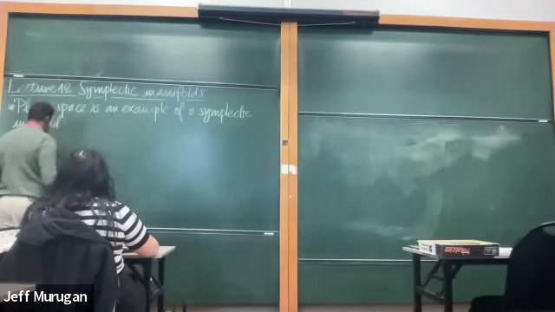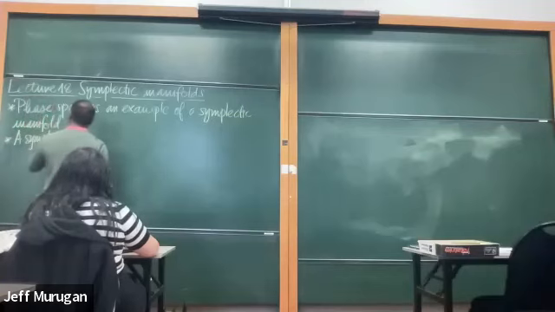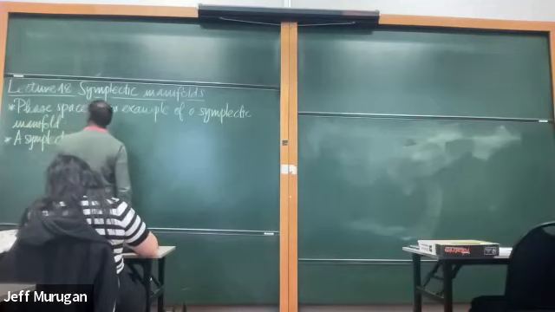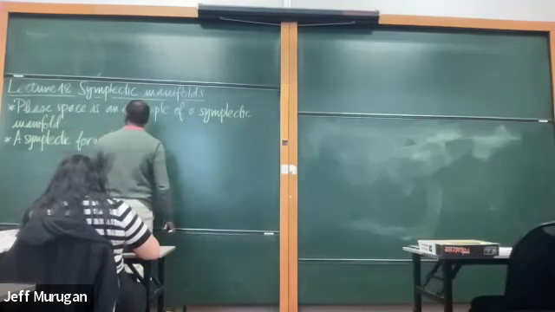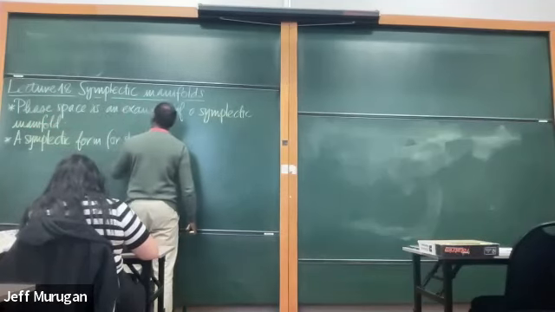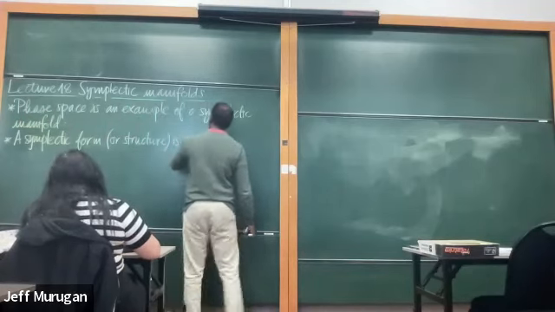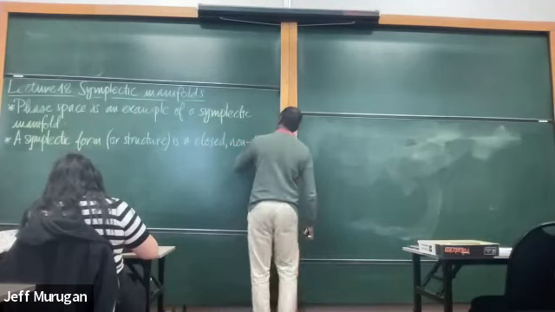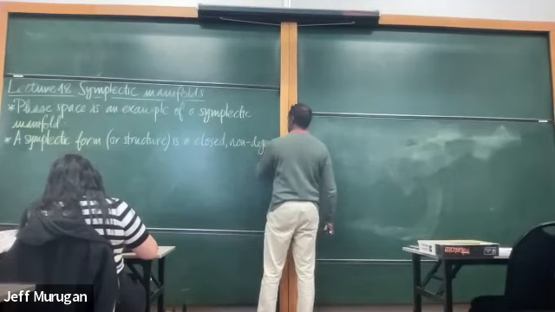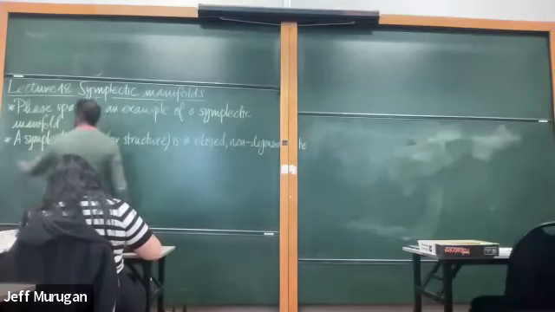So a symplectic form, or symplectic structure, is a closed, non-degenerate two-form.